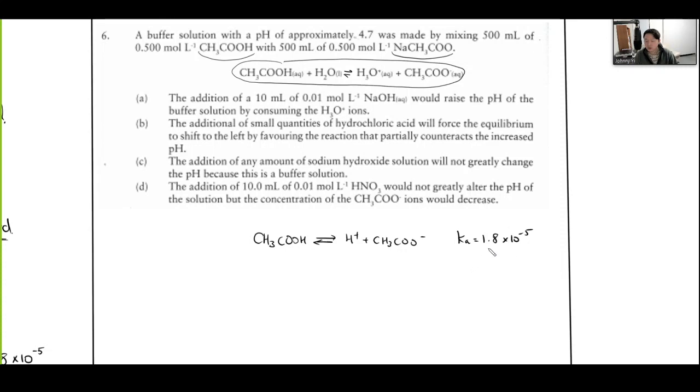It's just published data. Oh, okay, right. And then initially the concentration is 0.5 because you have the concentration of that, and you have the concentration of that, which is 0.5 here. And you start with 0, I guess.